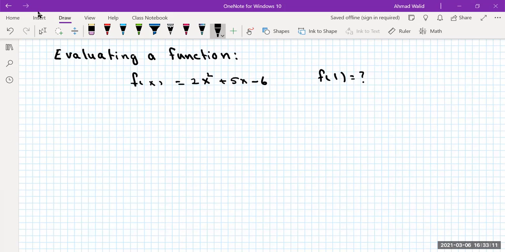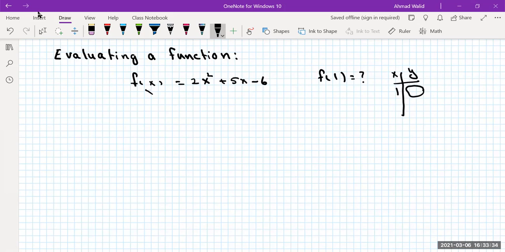Let me tell you, f of 1 means you already did this. If it was in the form of x and y, it means when x is 1, find how much is y. Evaluate.